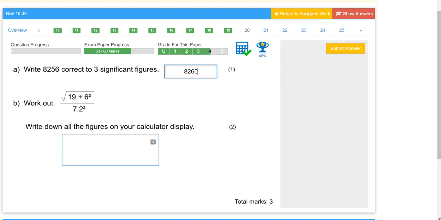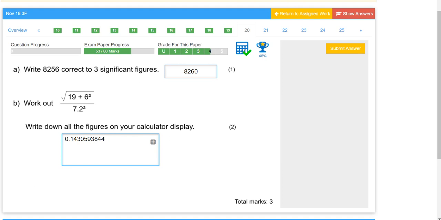And then this one, for my calculator, it's testing, can I use the fraction button? Can I use the square root button? So 19 plus 6 squared divided by 7.2 squared, and I get that to be 0.1430593844.